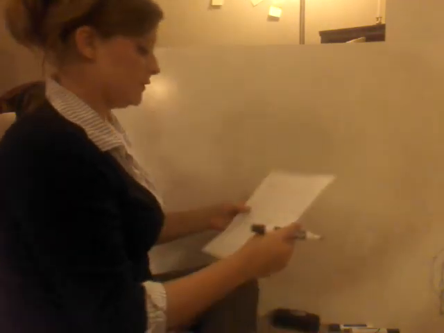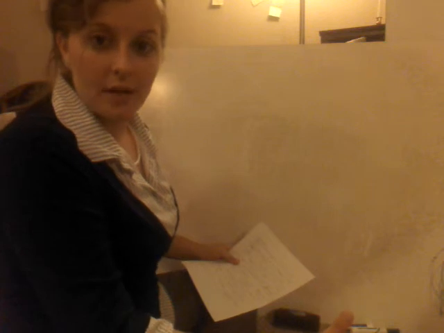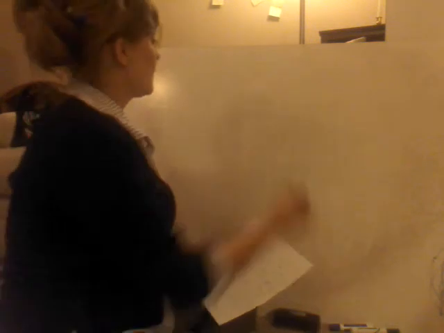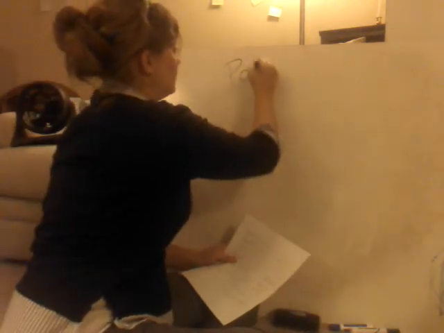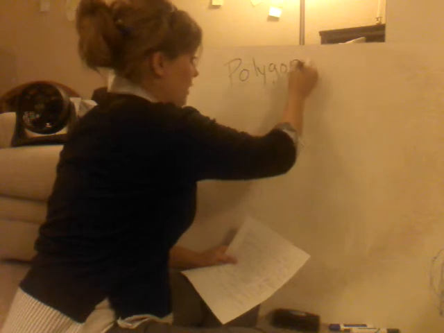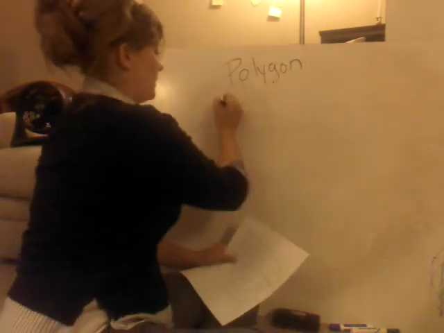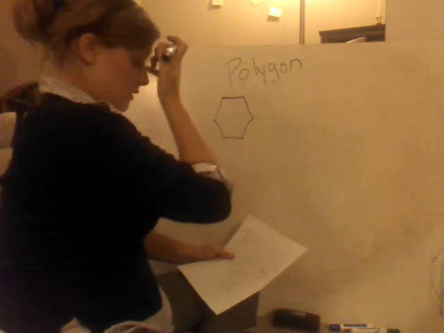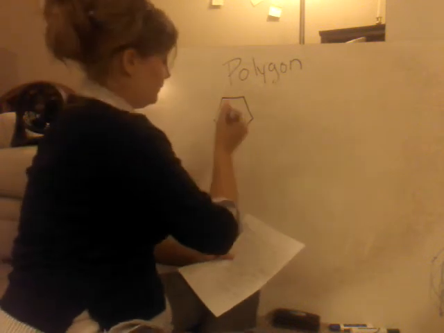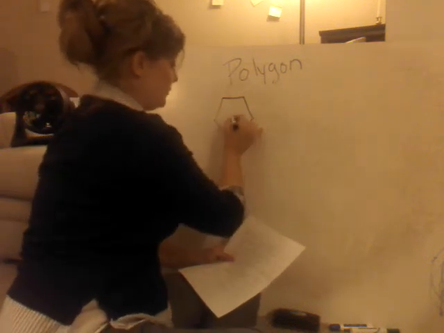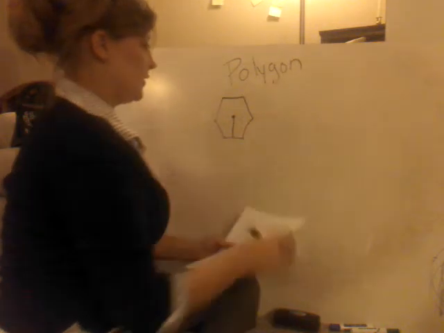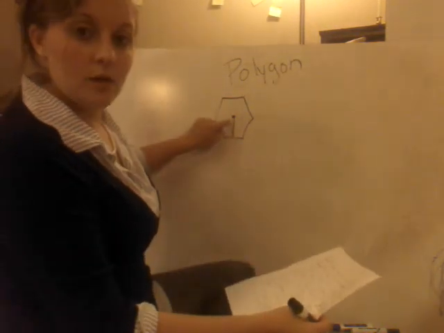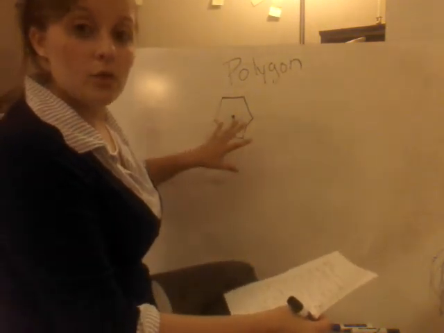Next is a polygon. Again, a polygon is any shape with 3 or more sides that is closed in. Okay, so polygon, I'll just throw in a hexagon just for giggles. So my hexagon has a center. Okay, so this is the center of my hexagon, or the center of whatever shape I so choose.